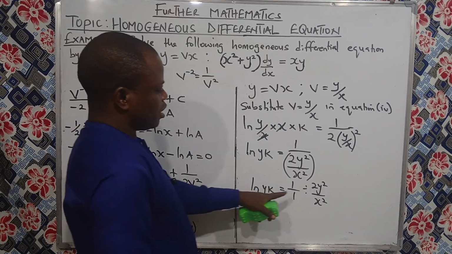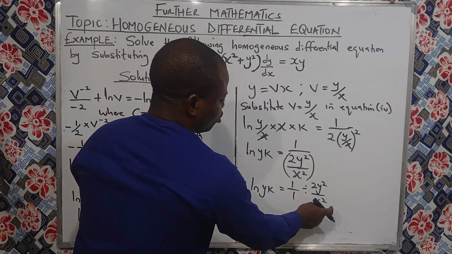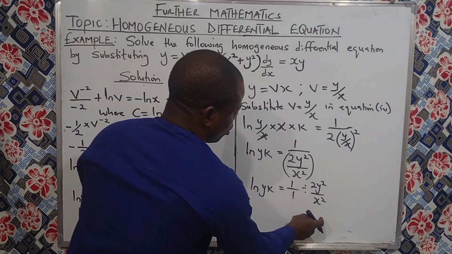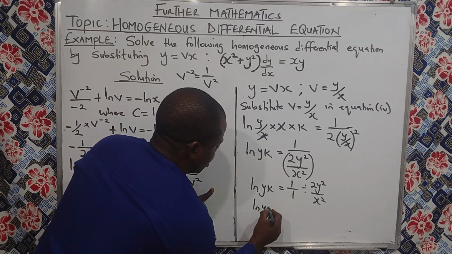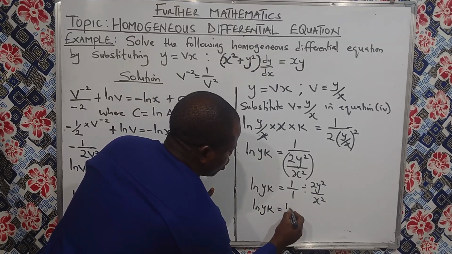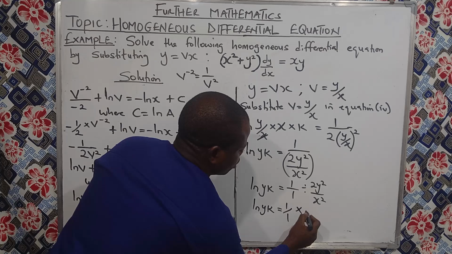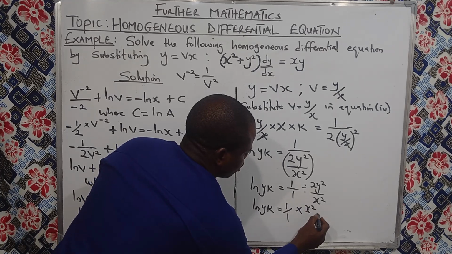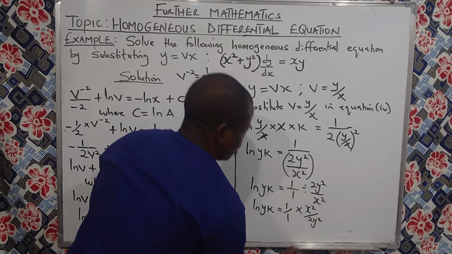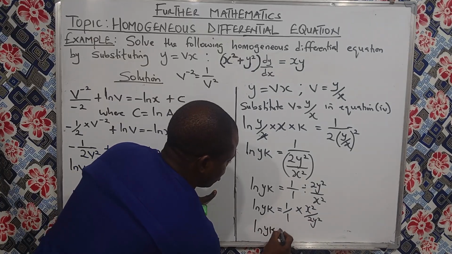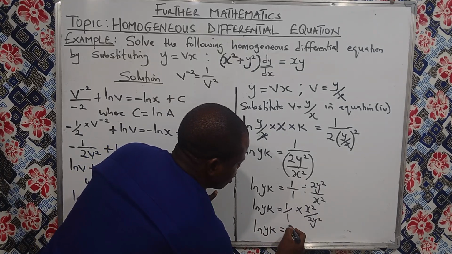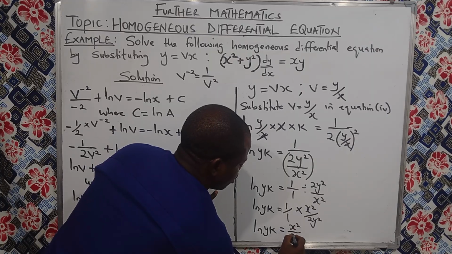And don't forget that when you are changing division or multiplication, the denominator will go to the numerator and the numerator will come to the denominator. Now having ln yk equals 1 over 1 times x squared over 2y squared. Ln yk equals 1 times x squared, as x squared over 2y squared.